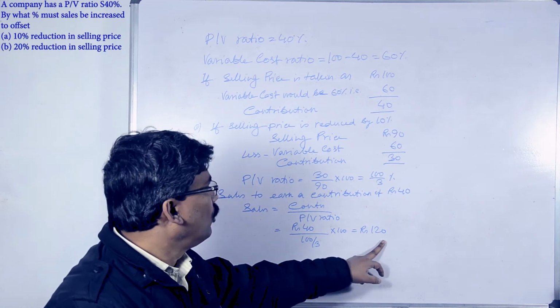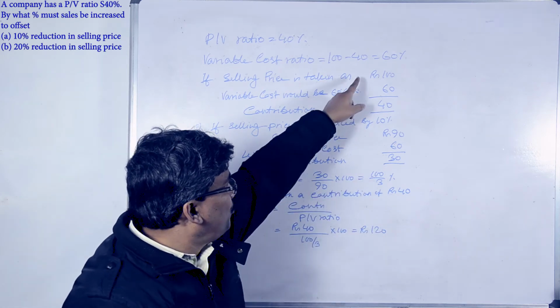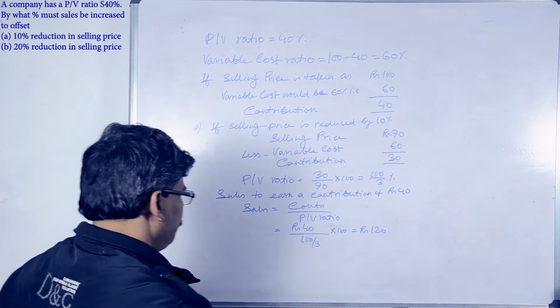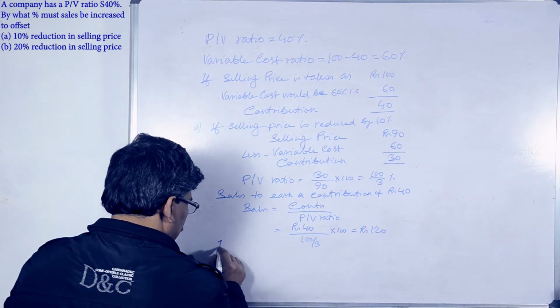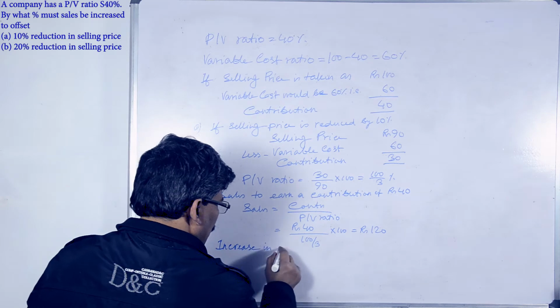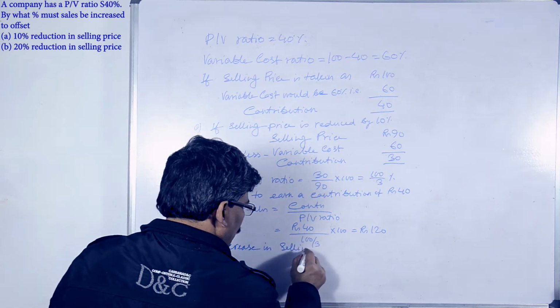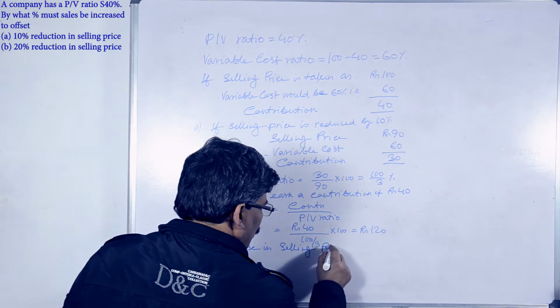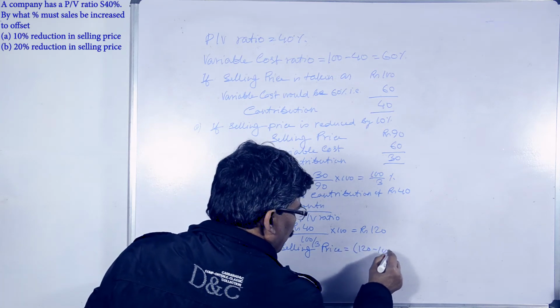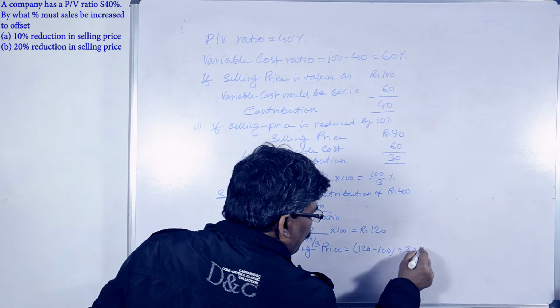It means the selling price will be increased from rupees 100 to 120, means 20%. Increase in selling price equals 120 minus 100, 20%.